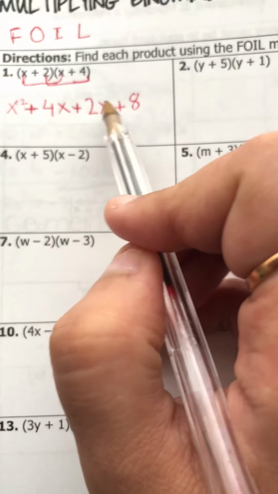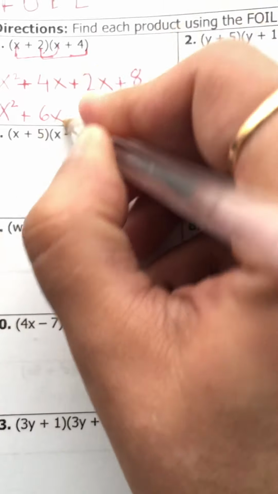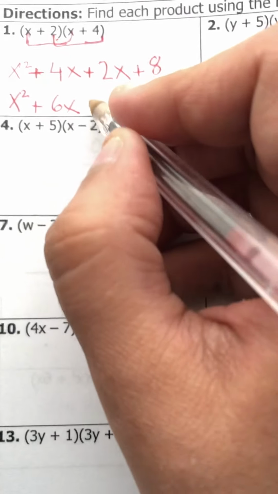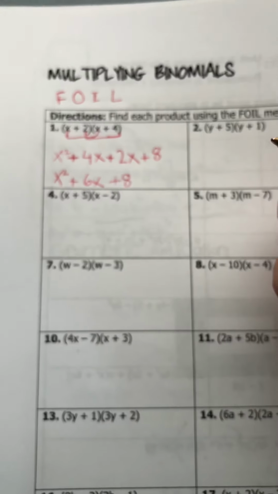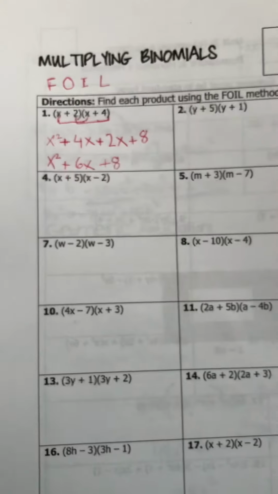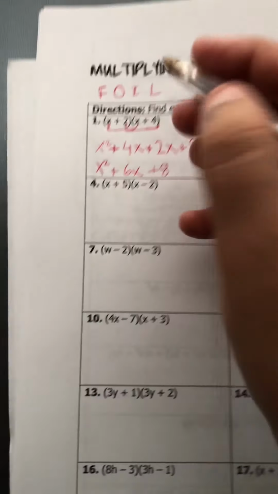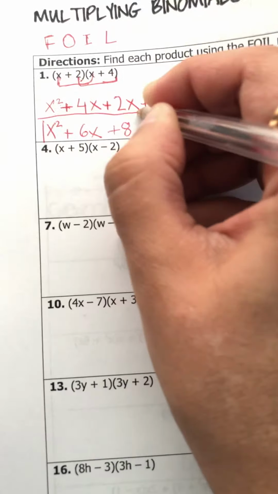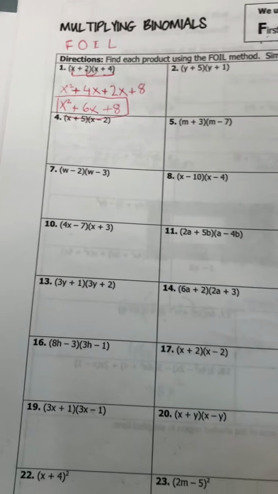I can only combine 4x and 2x, so 4 plus 2 is 6x. When adding, I just keep the variable as is, plus 8. So I used the FOIL method, then simplified my answer, and make sure you write it in standard form. Okay, this is the FOIL method.